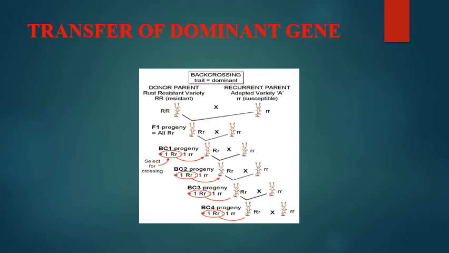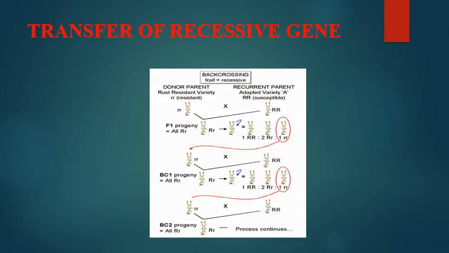After backcrossing for 6 generations, the individual plant progenies are grown, which are homozygous for rust resistance and similar to the recurrent parent, and then they are put through a replicated yield trial along with the check variety to predict performance for yield and other required characters, and then it is released as a variety.